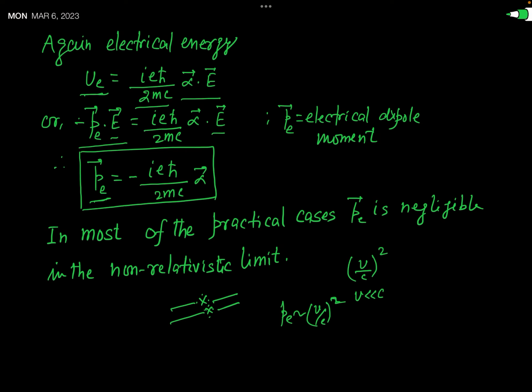Okay, so I think that the concept of the magnetic dipole moment of the Dirac particle, or the Dirac equation in an electromagnetic field, is now clear to you. If you watch the video seriously, everything will be clear.